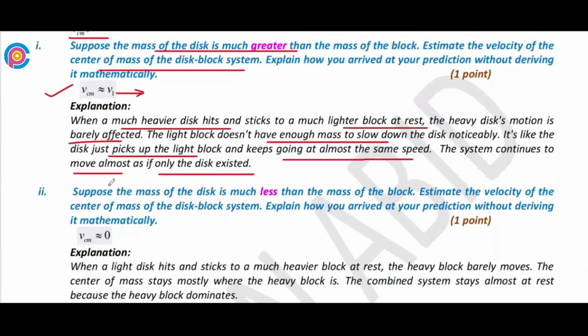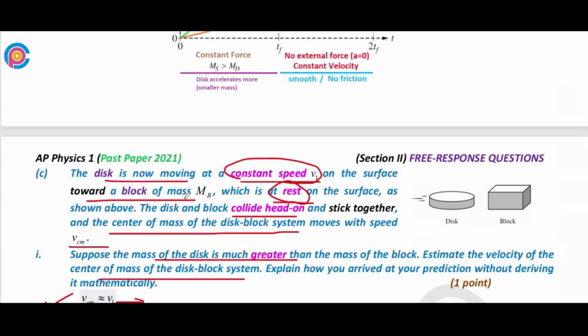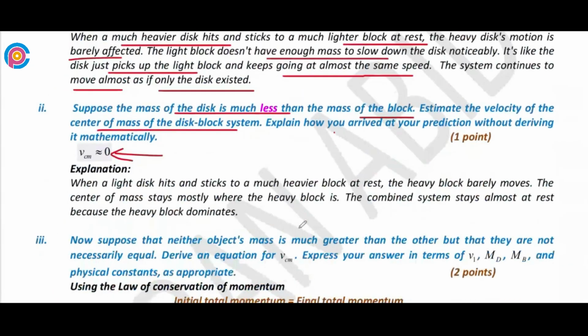Now the question changes. The mass of the disk is much less than the mass of the block. Estimate the velocity of the center of mass of the disk-block system. Explain how you arrive at your prediction without deriving it mathematically. Now I have predicted the velocity of the center of mass is almost zero, because the block is at rest and much heavier as compared to the disk.